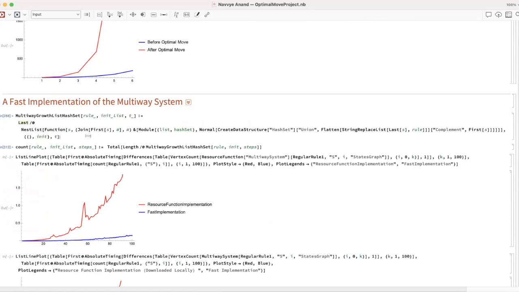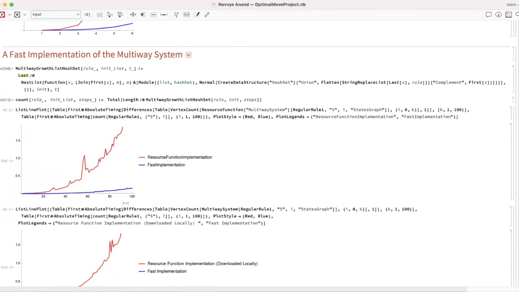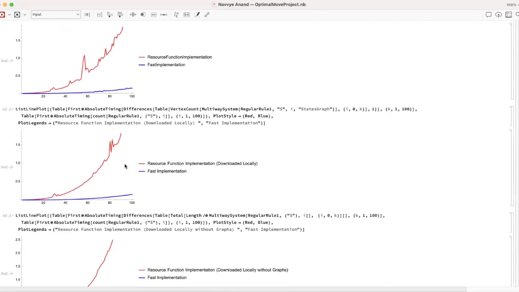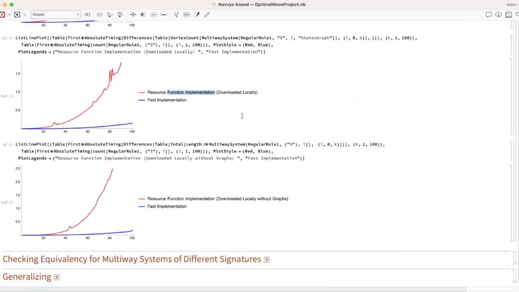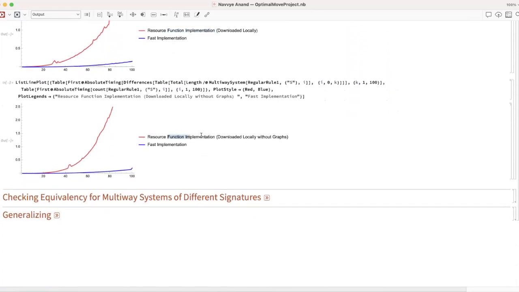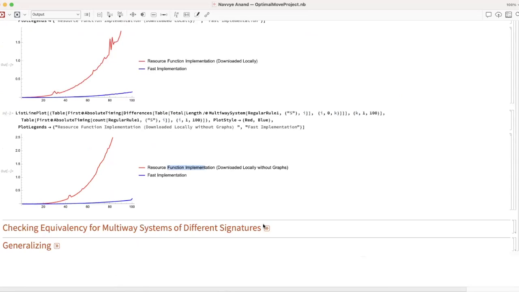It's just for determining the states. But actually, it works very, very fast. The fast implementation, as you can see, is way faster than the resource function implementation, and even the resource function implementation downloaded locally, and the resource function implementation downloaded locally without graphs. All of them are slower than the fast implementation. So that was quite interesting.